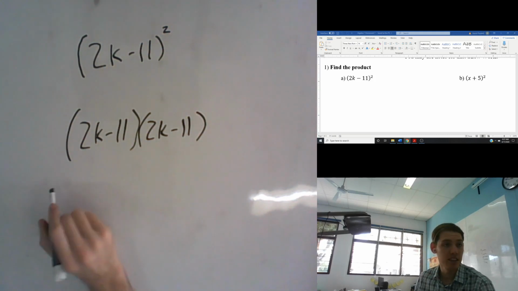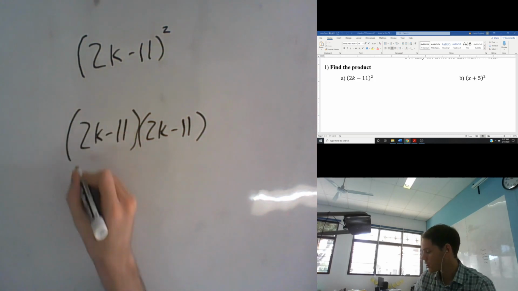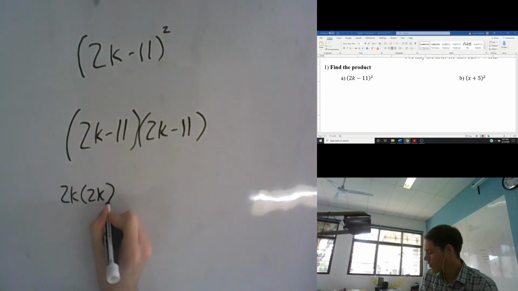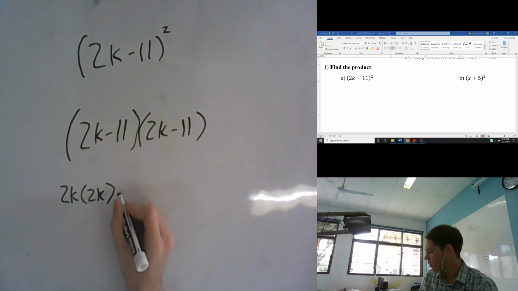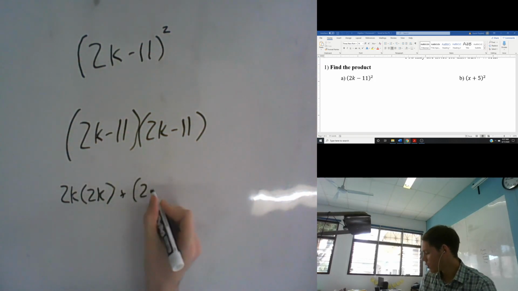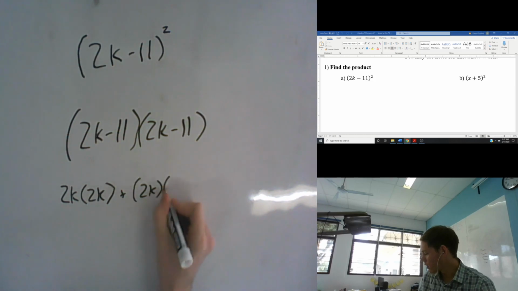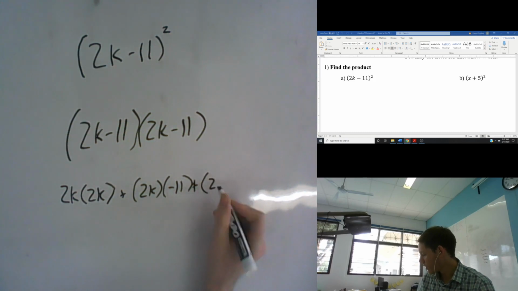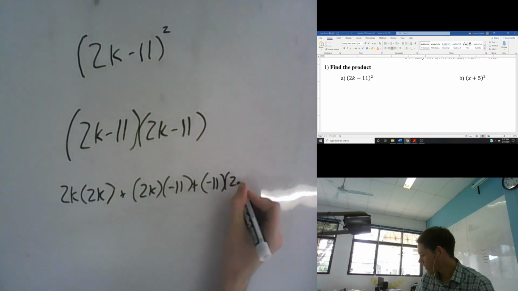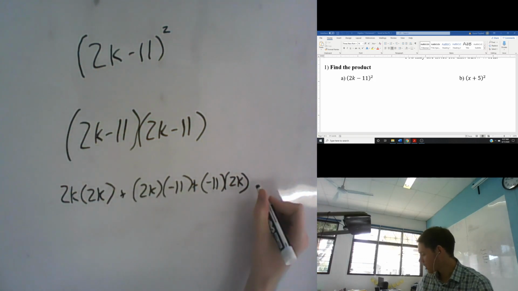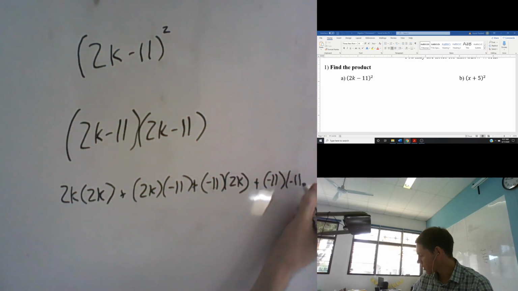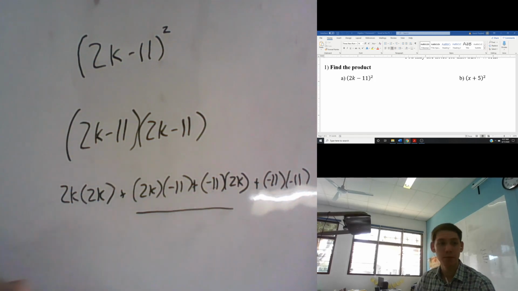Now you just multiply this using FOIL. First times first, so 2K times 2K, and outside, so plus 2K times negative 11. Then again, inside, so negative 11 times 2K. And then last, negative 11 times negative 11. And these two should be able to be combined.